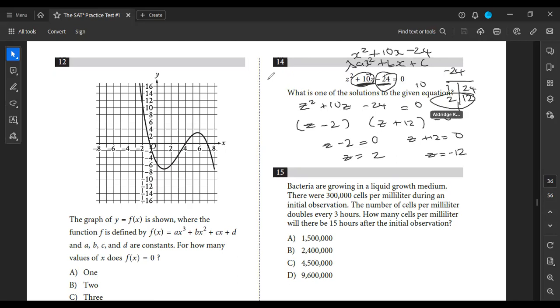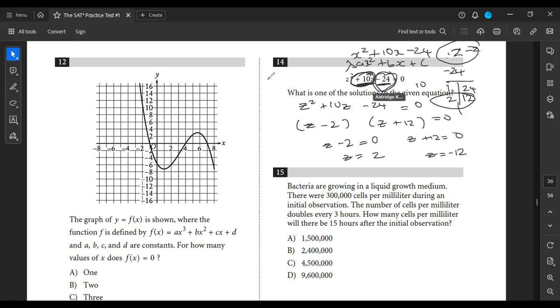So we know that if we get positive 12 and we get negative 2, the sum is going to be positive 10, okay? So that makes sense. And then if we get 12 by negative 2, our product will be negative 24. So that's correct.